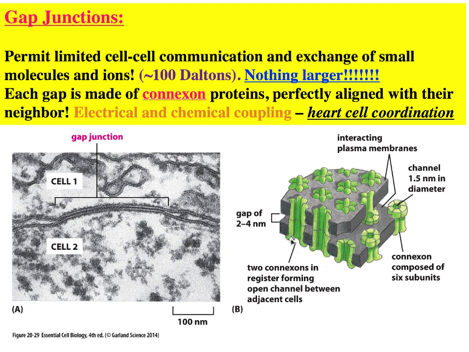Connexons are just proteins of adjacent cells which are lined up so that there is a small passageway between the cytosol of one cell and its neighbor. As it says here, the exchange of molecules is limited to small ions and tiny molecules, no more than 100 Daltons in size.